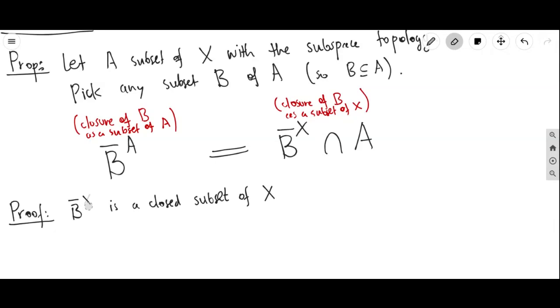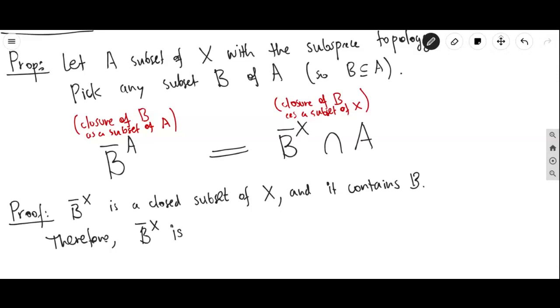Because the closure in X is the smallest closed set that contains B. So this is a closed subset of X, and it contains B. Therefore, the closure of B in X intersected with A is a closed subset of A, and it contains B.